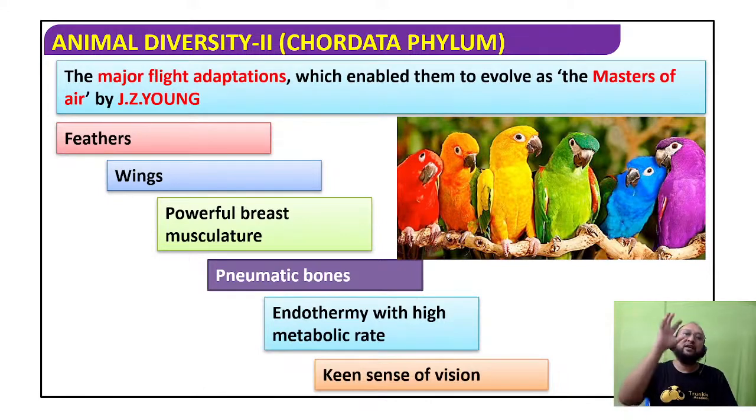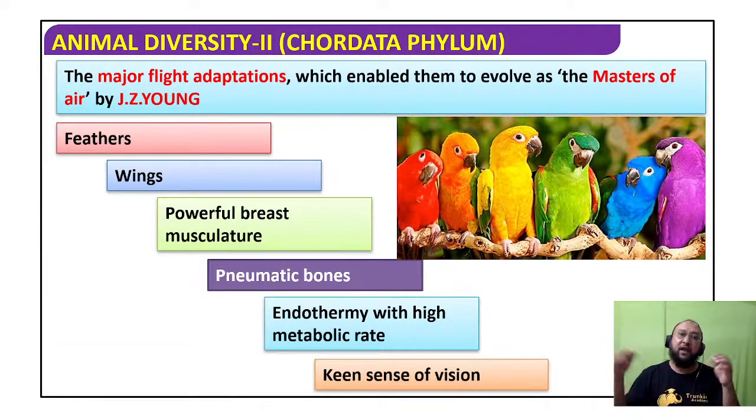These are the different adaptations that have taken place in birds to suit them to an aerial mode of life. Feathers are present, and with the help of wings they fly. Powerful breast muscles are there in their chest region.